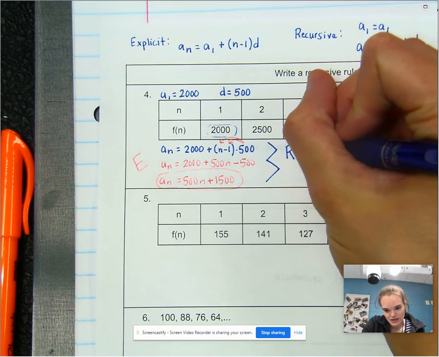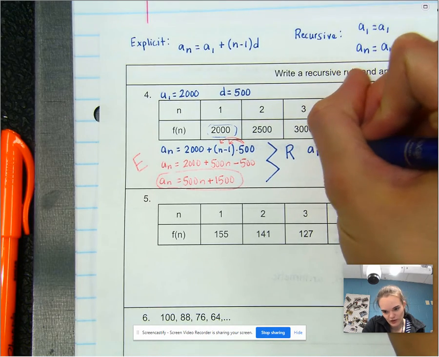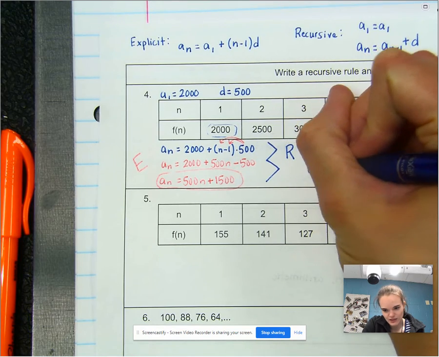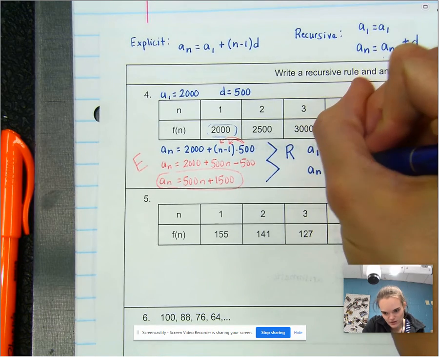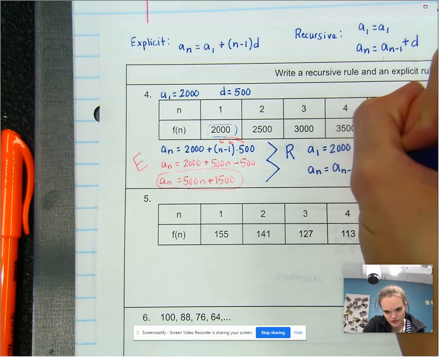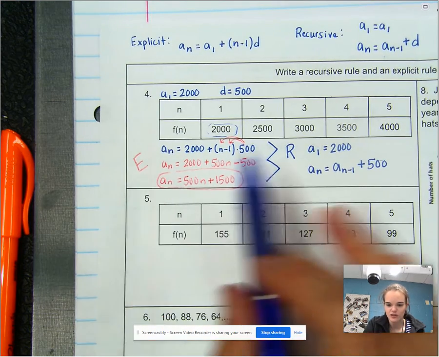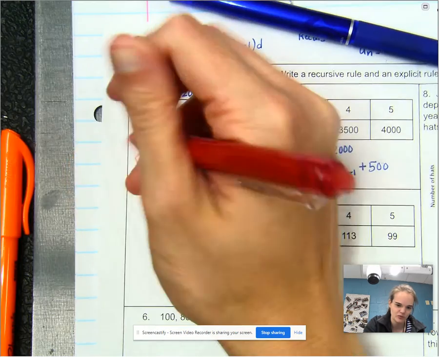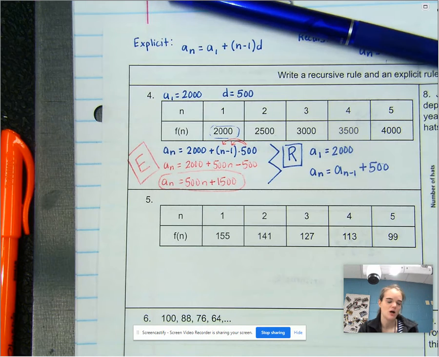All right, so A sub 1 equals 2,000. Yes, you have to write it again. A sub n equals A sub n minus 1 plus 500. Here's explicit, here's recursive. I'm going to put a box around recursive, a box around explicit. We have done both. That's all I have to do on that problem.